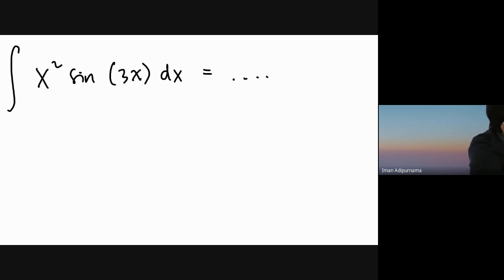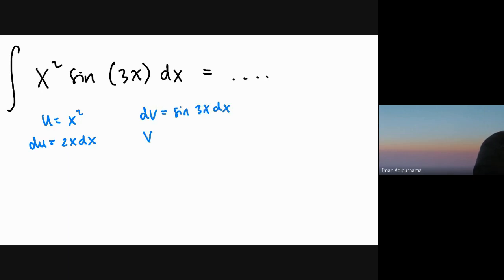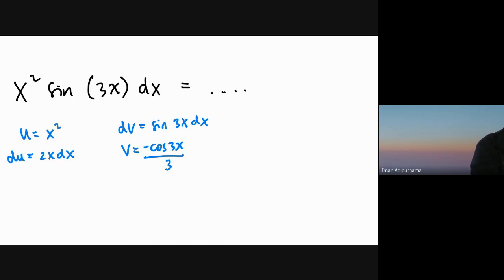And that will get us a more complicated integral at the end. So my suggestion is take this x squared as u, then you have du is 2x dx, and take dv as sine 3x. So you can have v is negative cos 3x over 3. And I think we can solve this.